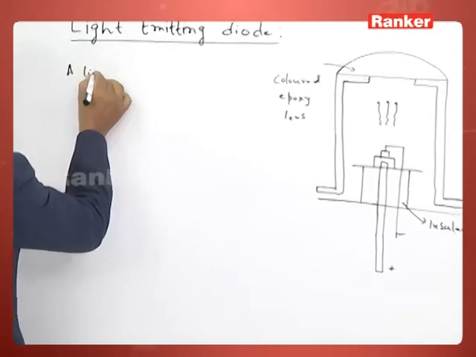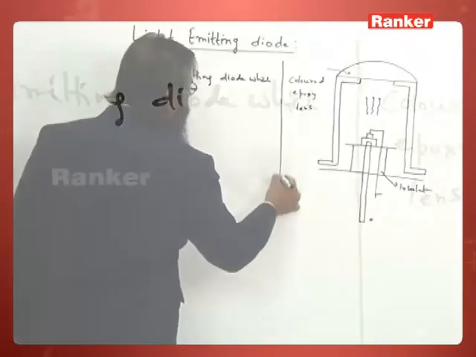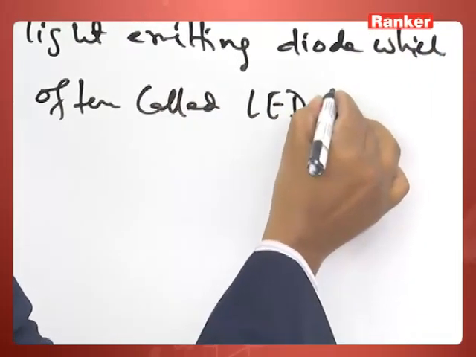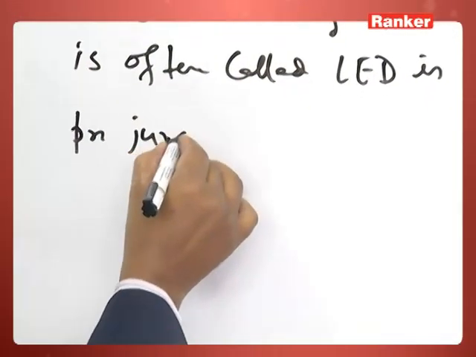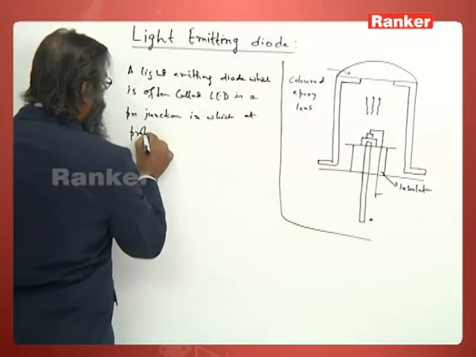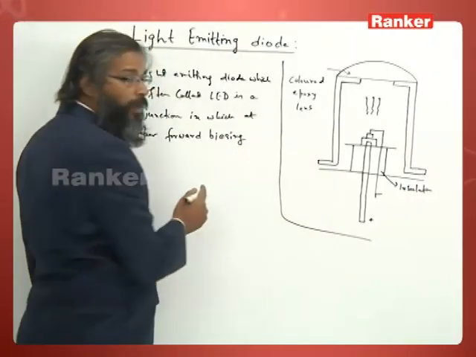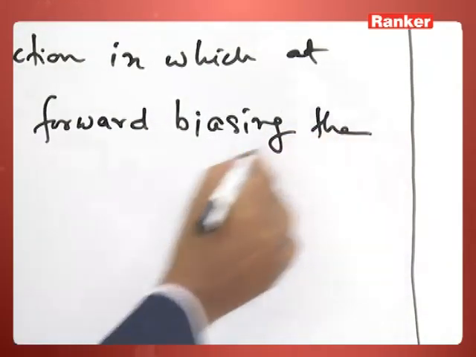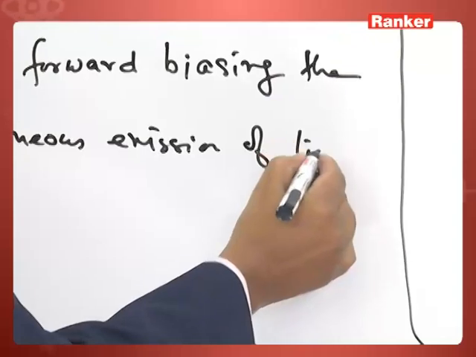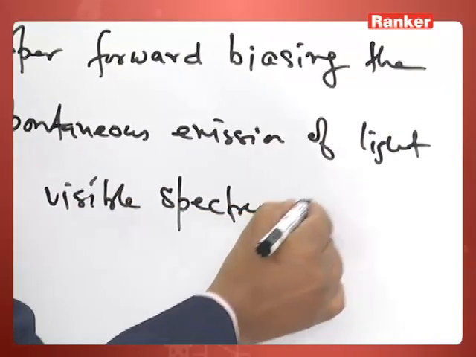A light emitting diode, which is often called LED, is a PN junction in which, at proper forward biasing, the spontaneous emission of light in the visible spectrum takes place.